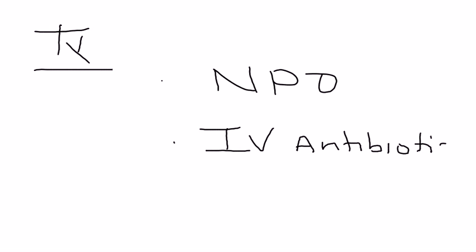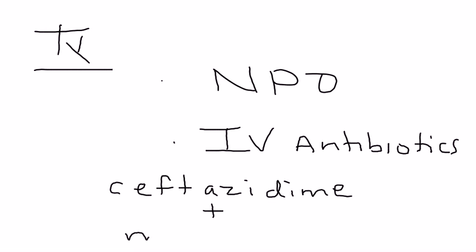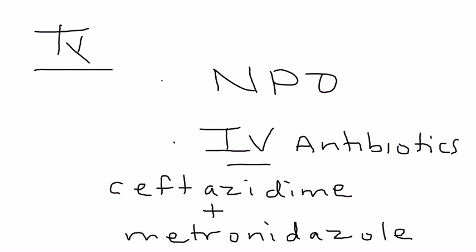Treatment. Treatment involves keeping the patient NPO, nothing orally given, and IV antibiotics. Although they don't always ask which antibiotics, it's probably not a bad idea to remember that it's a combination of two, usually. Most popular combination is these two, metronidazole and ceftazidime, given IV, of course.